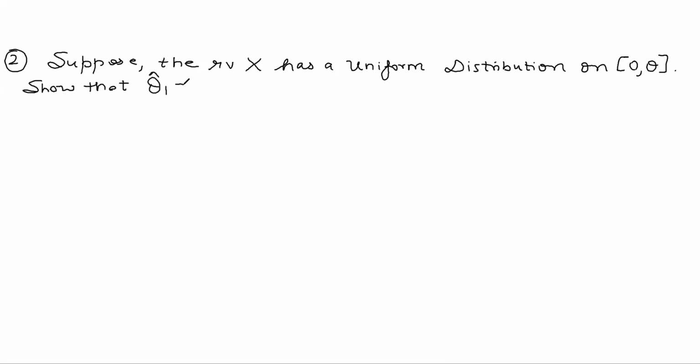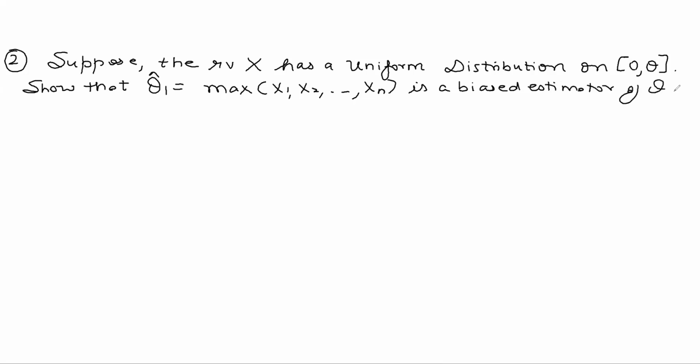theta 1 hat, which is max of x1, x2 dot dot dot xn, is a biased estimator of theta.